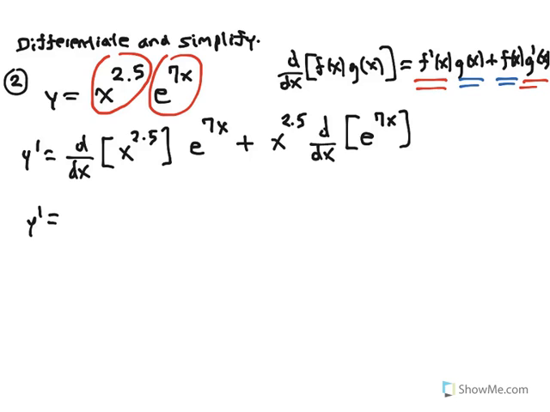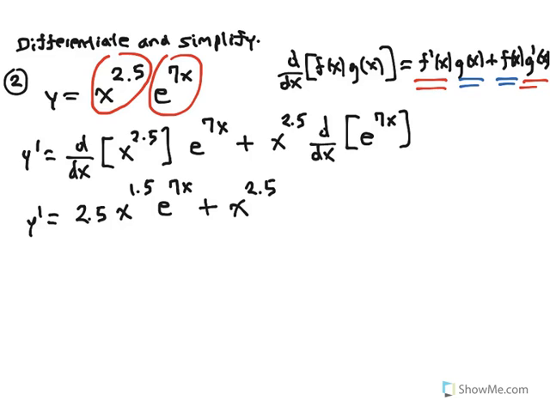So the derivative of the first function can be found by using the power rule. Multiply that by the second function and add to that the first function times the derivative of the second function.